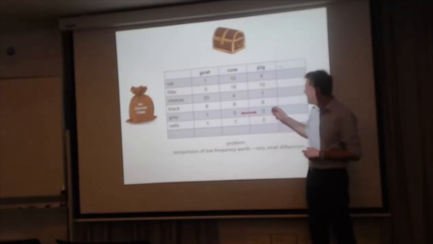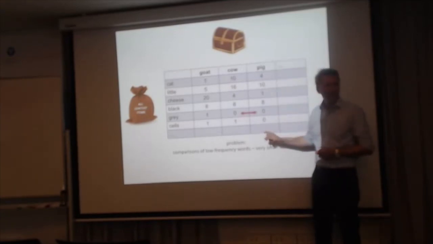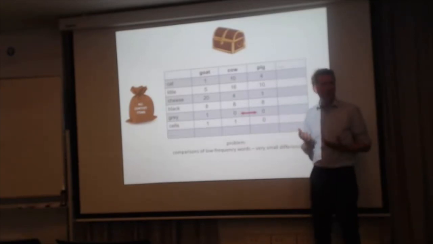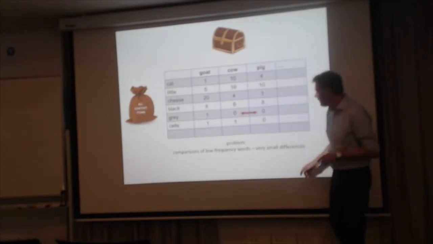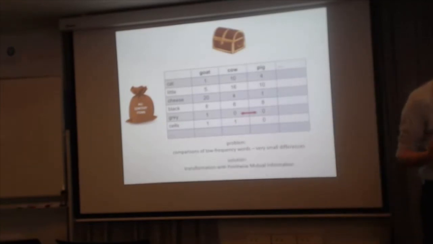And so you can imagine if you have elements that are low frequency to begin with, you'll have vectors with lots and lots of zeros. So if you compare two low frequency items, the algorithm will think that these are actually very similar, even though all that's similar across them might be just their low frequency. So the solution to this is a collocation measure that is sensitive to the overall frequencies of words.